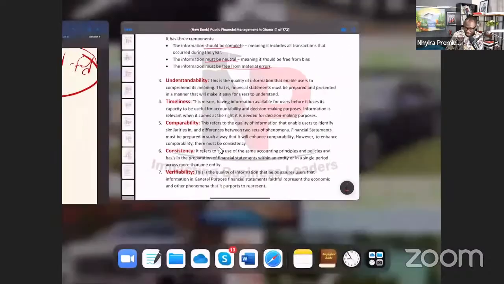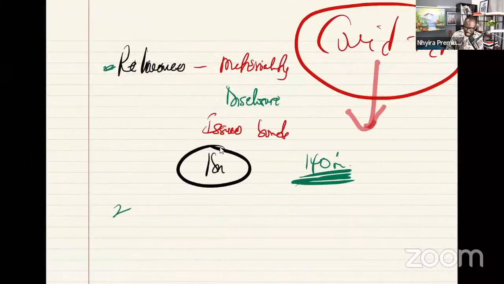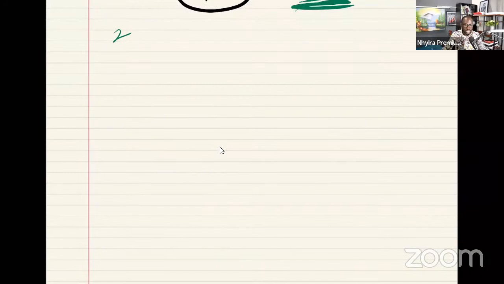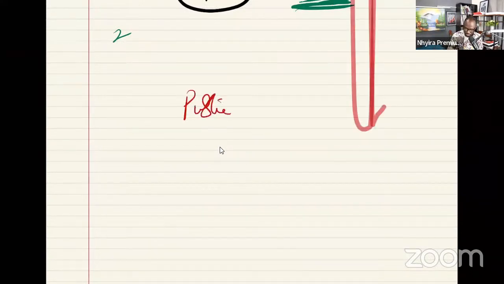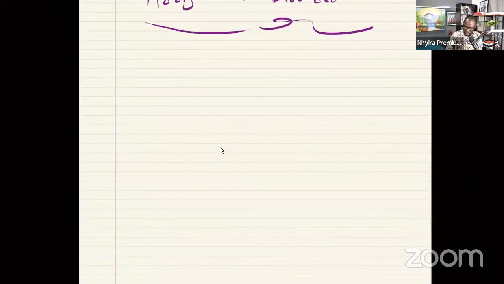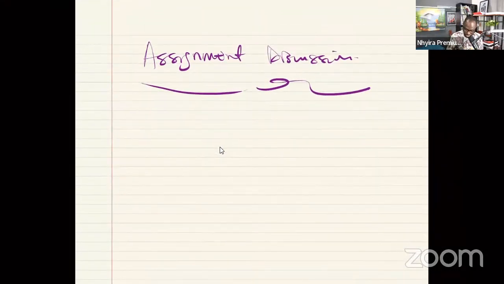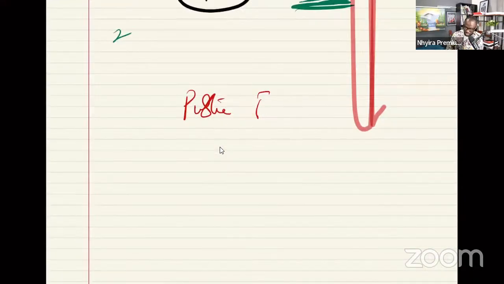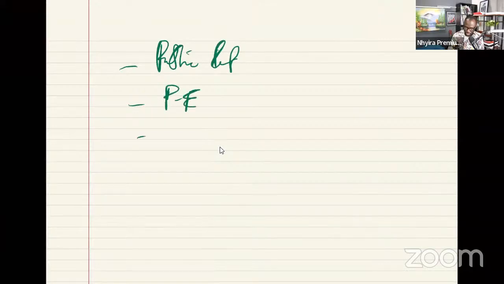That is why, on the average, everybody must know that the government's expenditures are classified into public debt interest, personnel emolument, goods and services, social benefit.